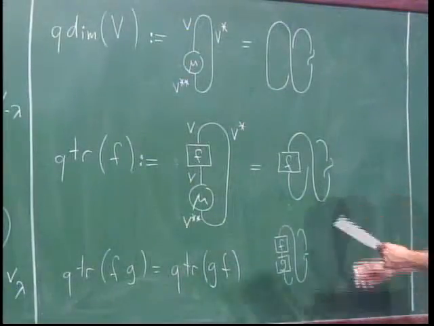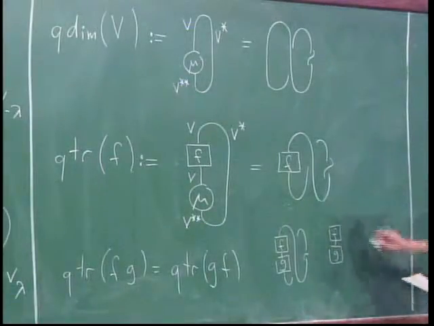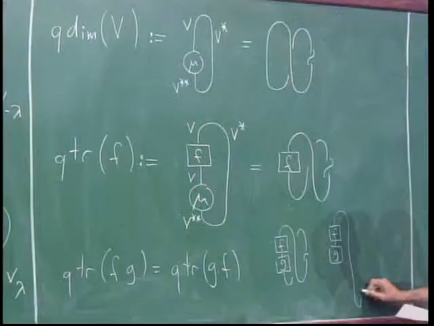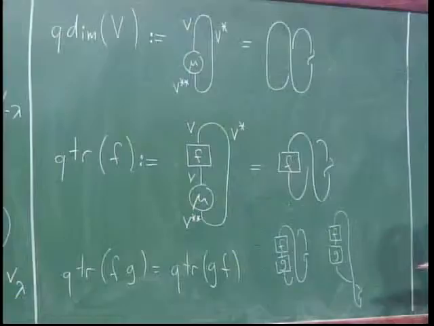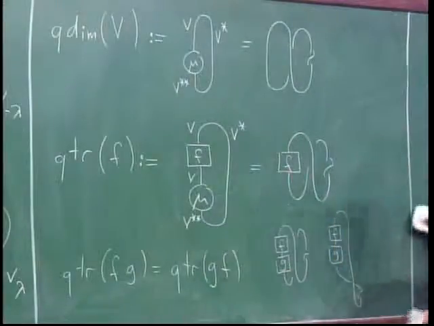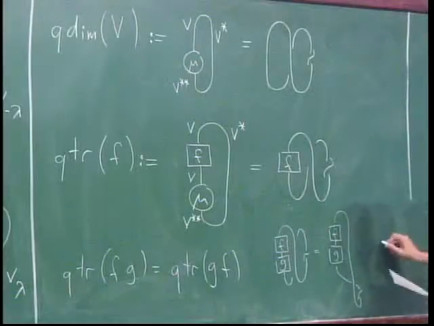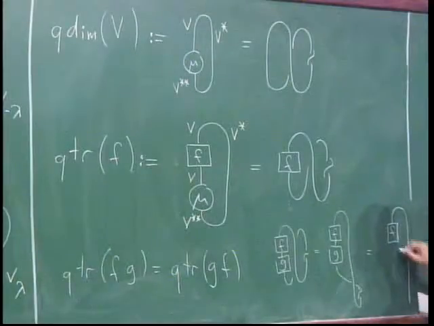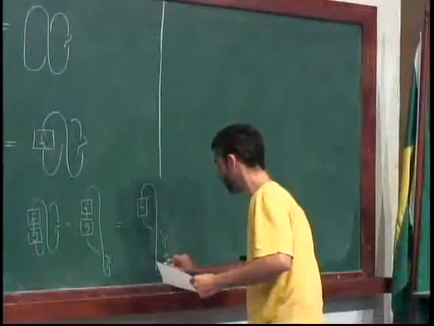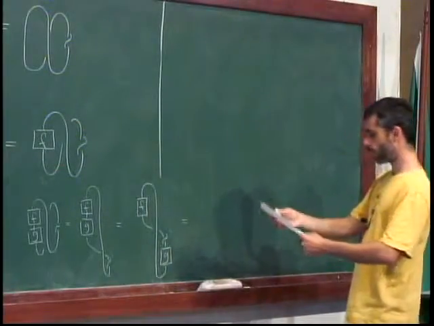Okay, let me straighten it a bit. F, G, becomes like that. Then I can, this twist here is central, so I can pass it on the other side of G. And then I end up with F. Here I have the twist, and here I have G. Let's see, where are we?